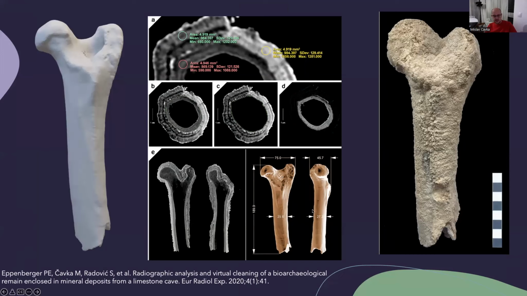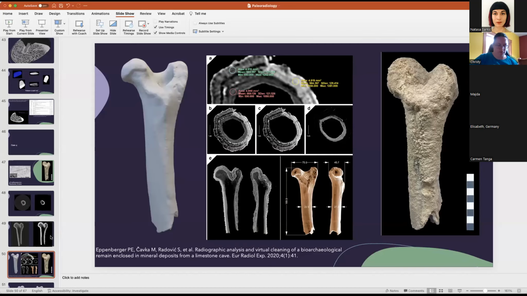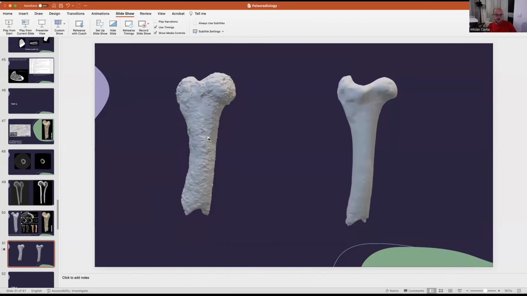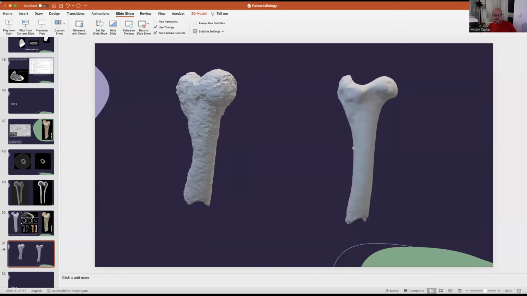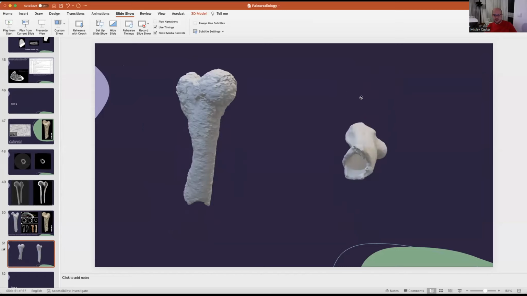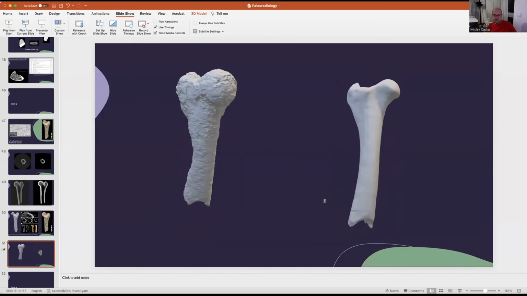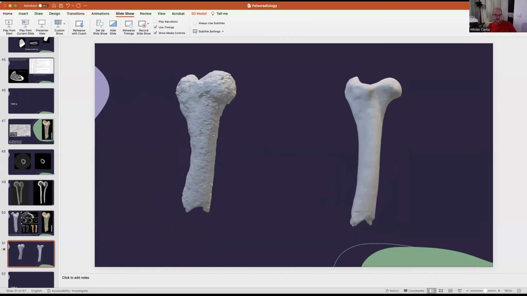So here we can see how it looks without any additions. If we go back here, we can even make 3D models which can be 3D printed with dedicated software, as you can see, with deposits and without deposits.